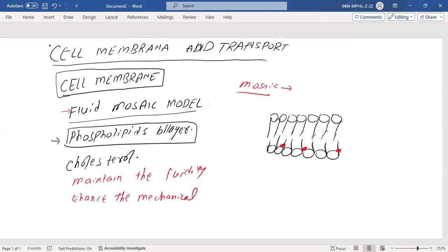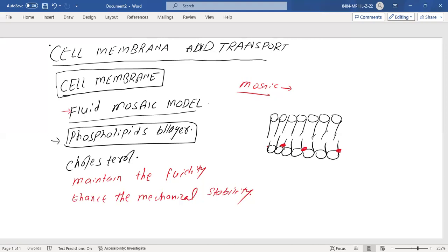So that membrane has to bear the pressure, the pressure of the water, whatever it is. So it enhances the mechanical stability. It provides stability to the cell membrane, right? So this cholesterol has these two functions in the cell membrane.